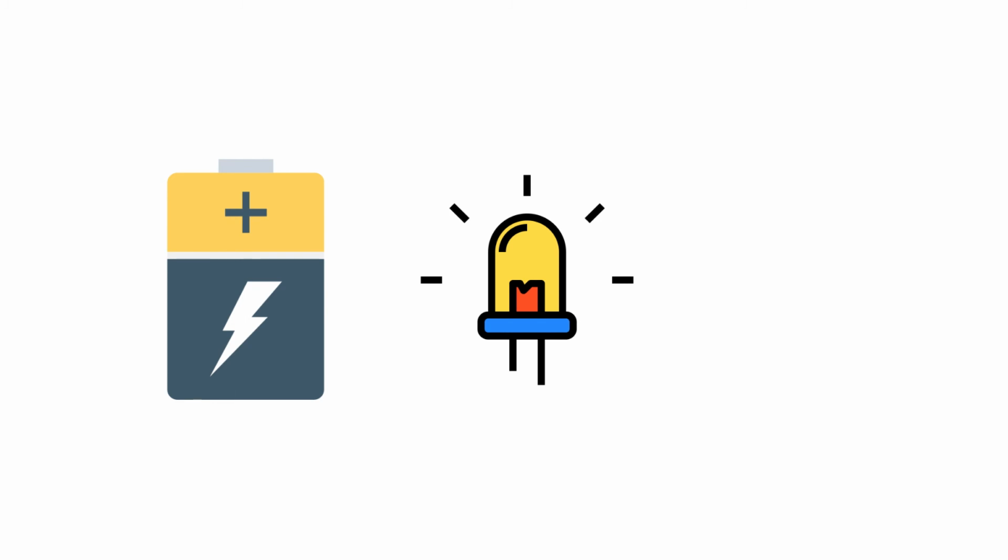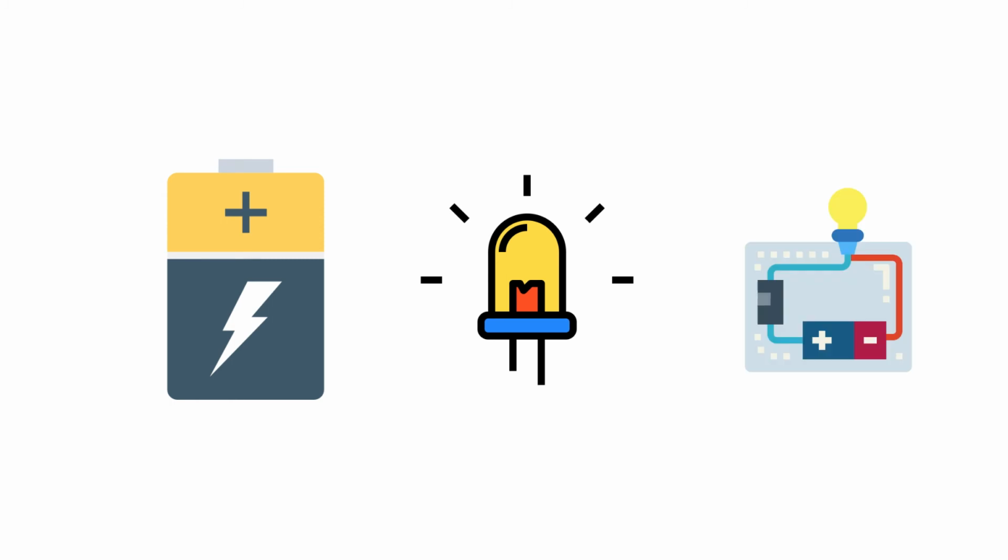Now we can discuss how we can find the LED resistance value with Ohm's law. Before going to find the resistance for the LED, you need to know about the components that we are going to use here. For this circuit, I need a power supply, a resistor and an LED. For the power supply, I am using a 9-volt battery.